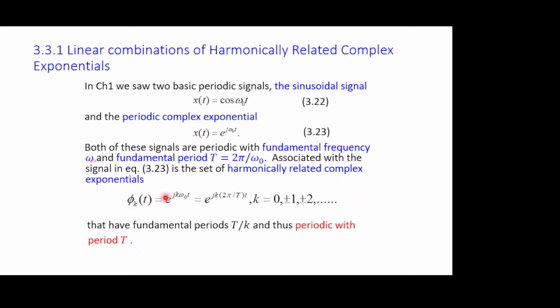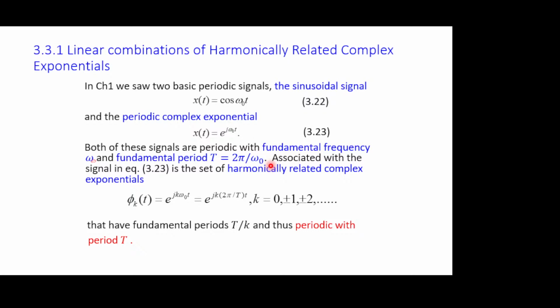Those functions are e to the jk omega naught t. So their frequency is omega naught times some k, and the k will be any integer: 0, plus minus 1, plus minus 2, etc., all the way to plus minus infinity. If you want to write this in terms of big T, this will be e to the jk 2 pi divided by big T times small t.